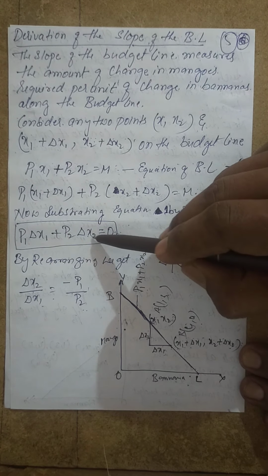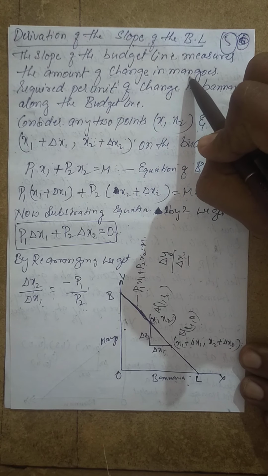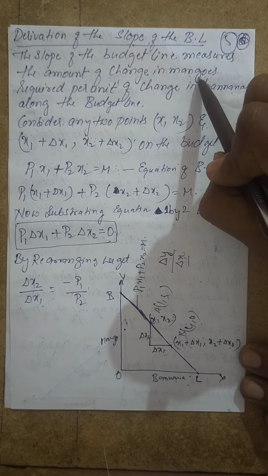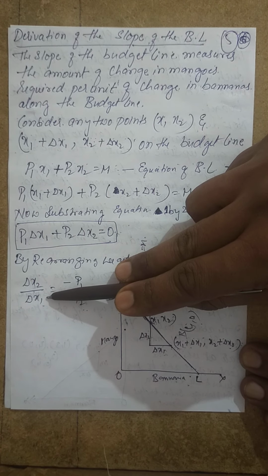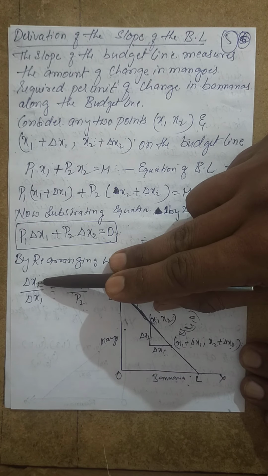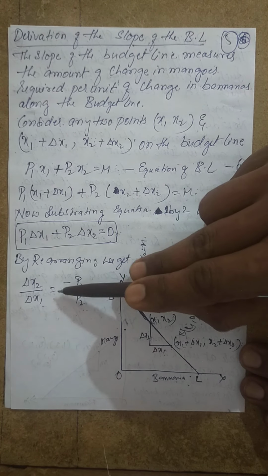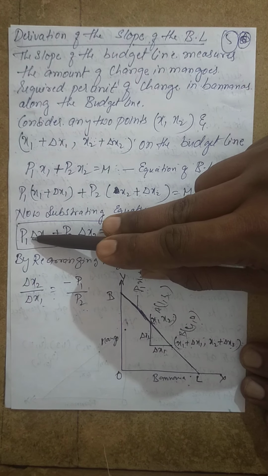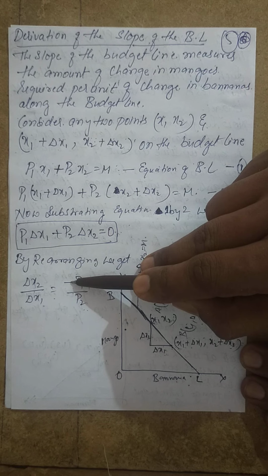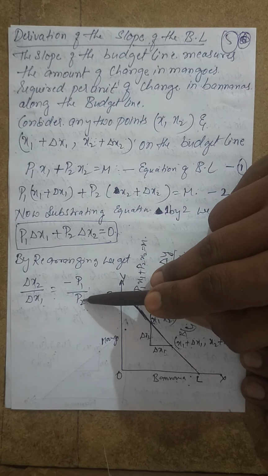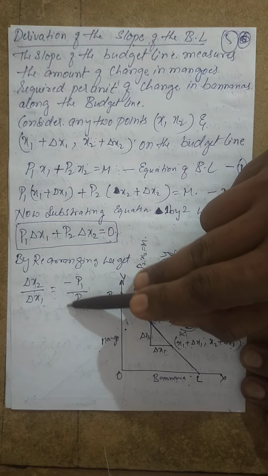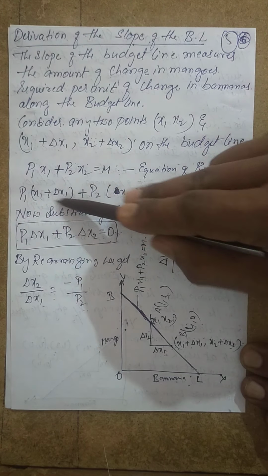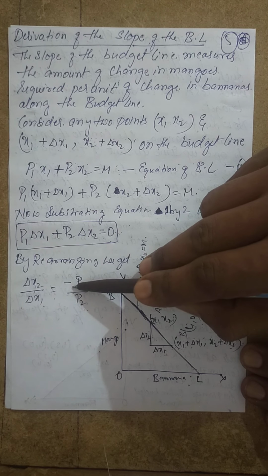So delta x2, which means change in mango, observe, delta x2, which means change in mango with respect to change in banana, is equal to minus of P1 divided by P2, which becomes the slope. Okay, why is it minus, you might ask. If we bring this from the left hand side to the right hand side, it becomes negative.